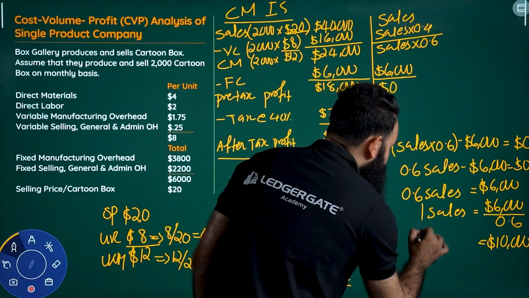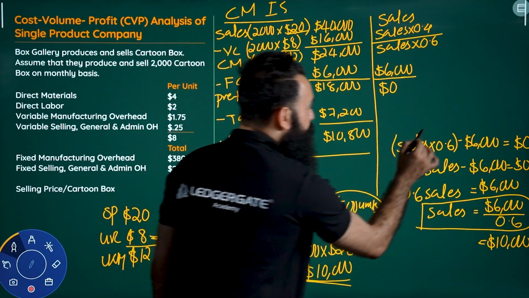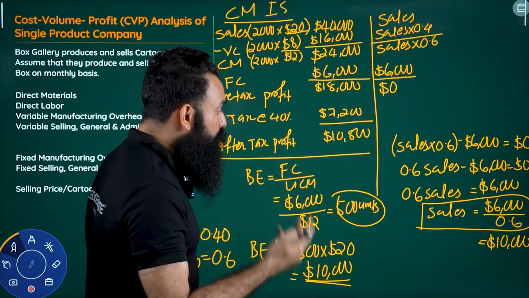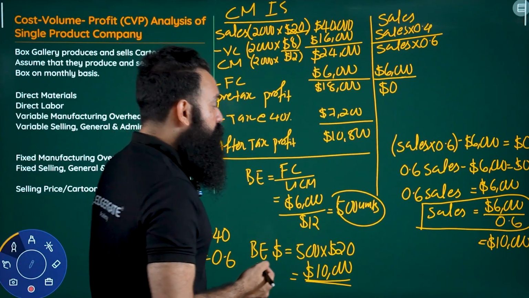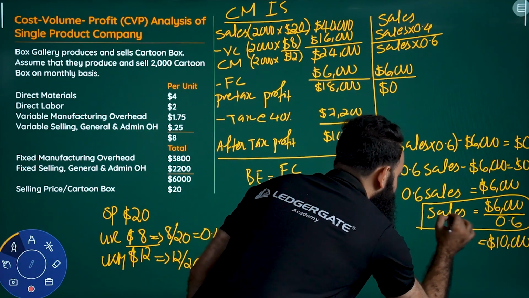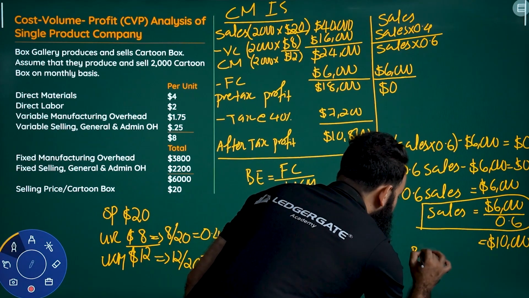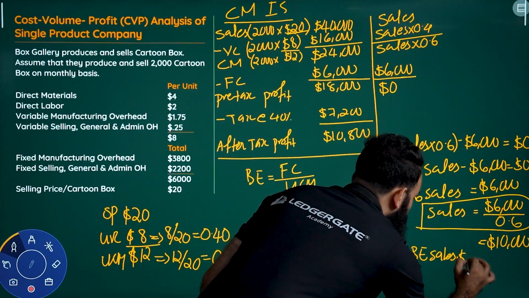So this should be the base for our formula. Even if you are forgetting this formula, you have the logic to develop this. That's why we are discussing in this manner, right? So break-even sales, this is not simple sales, this is break-even sales. So the formula will be break-even sales dollars, right?